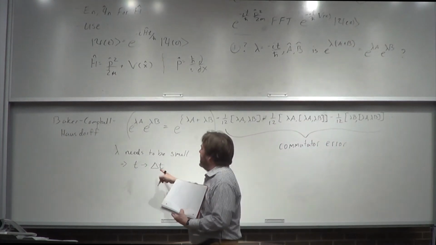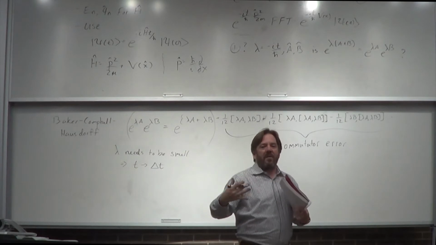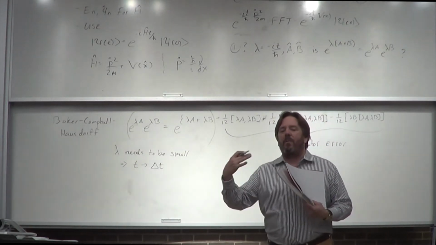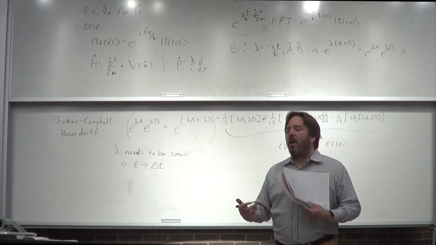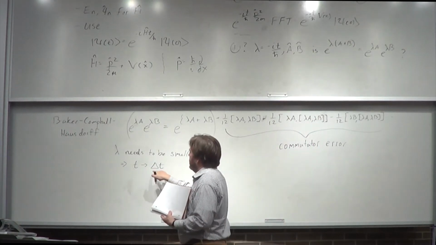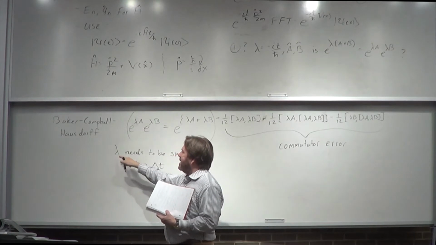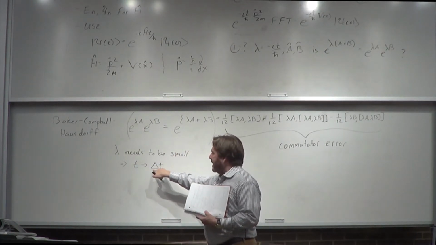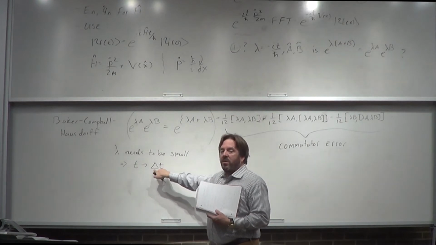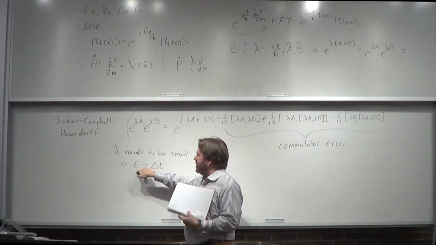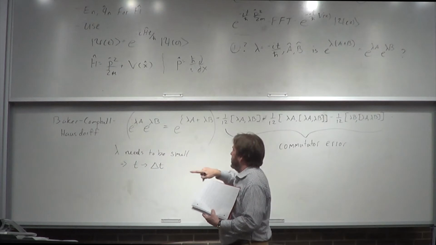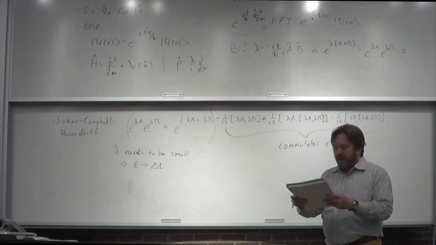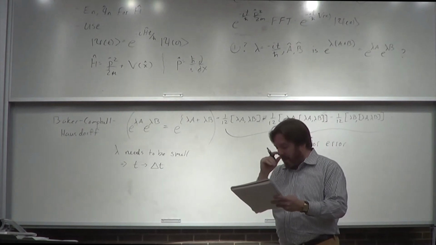Break it up into really small segments and evolve it in time, over and over again. Because lambda has t in it, if you make it a delta t a million times smaller, and then do it a million times to get to the same t, your lambda is really small, and these commutator errors basically turn to 0. And it really works shockingly well.